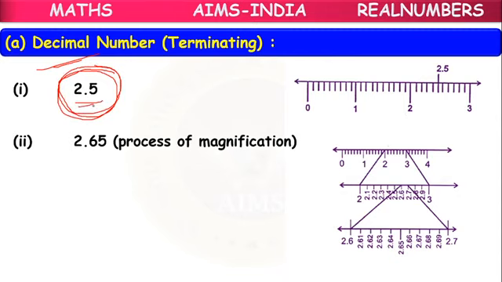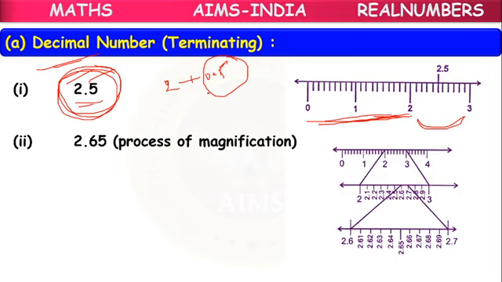Here we are having 2.5, meaning integral part 2 is there, decimal part 0.5, so we can write it as 2 plus 0.5. Up to 2 we have the integral part. So this 0.5 part is to be located on the right side of 2, between 2 and 3.